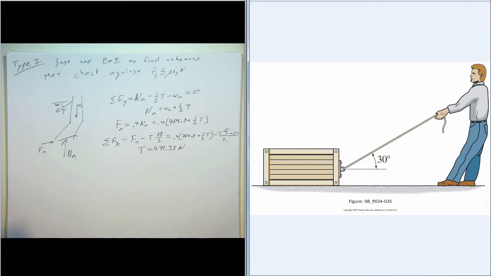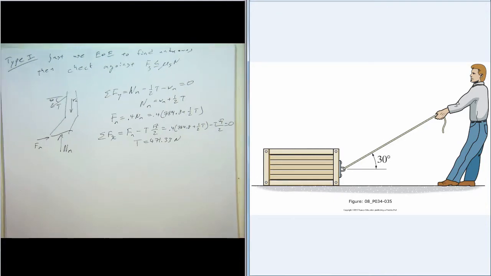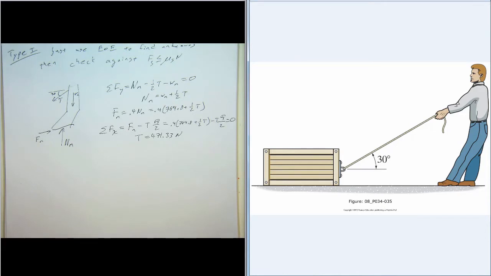So that was sort of a type 2 problem, because we're assuming we wanted to find the biggest force the man can pull before he slides. So that part was kind of type 2. And then on the crate, we'll look at it as a type 1 problem, where we know the force, we know the tension on the rope, and we want to see if that's going to make the crate slide or not.